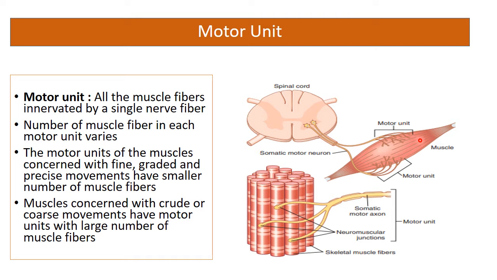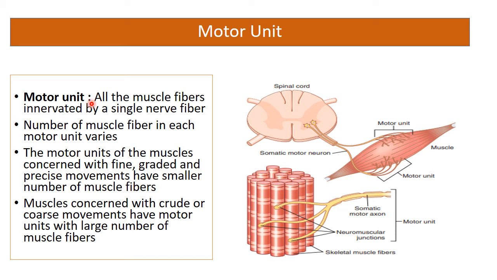The number depends upon the type of the muscle. Here you can see in the picture. So all the muscle fibers innervated by a single nerve, or you can say a single motor neuron, is known as motor unit.